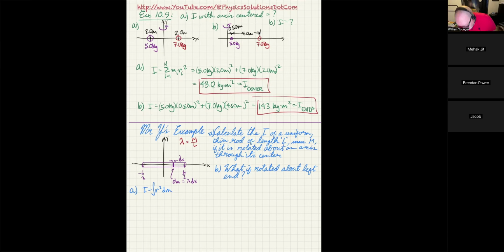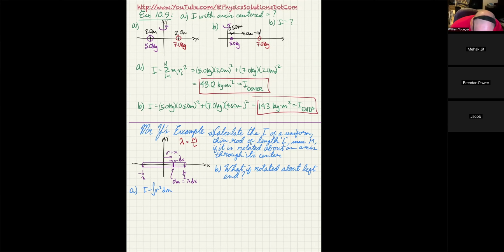And you can say the perpendicular distance, perpendicular to the axis, that perpendicular distance to that piece of mass is r, which is really just our x variable. Okay.